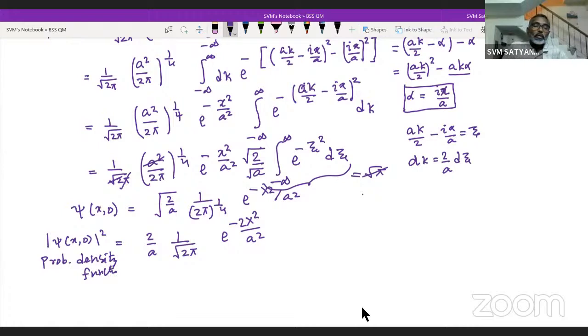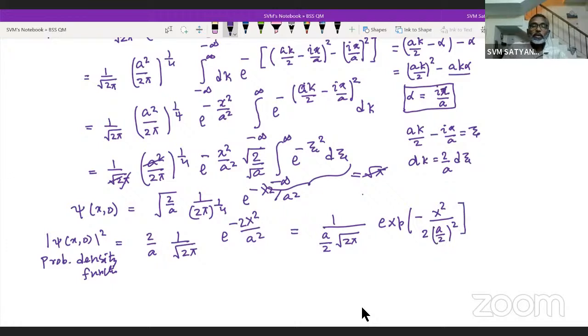Now I want to write it in the following fashion: 1 by (a by 2) root 2 pi into exponential of minus x square divided by 2 times (a by 2) the whole square.